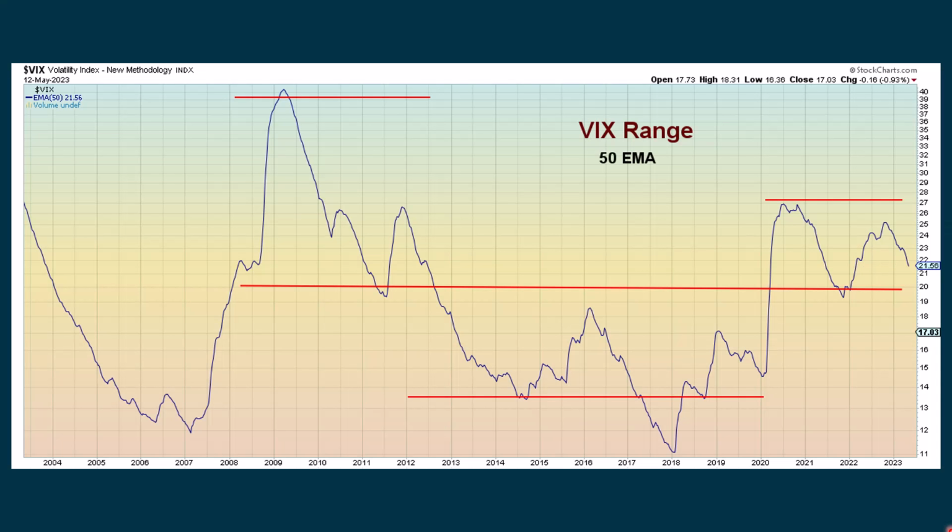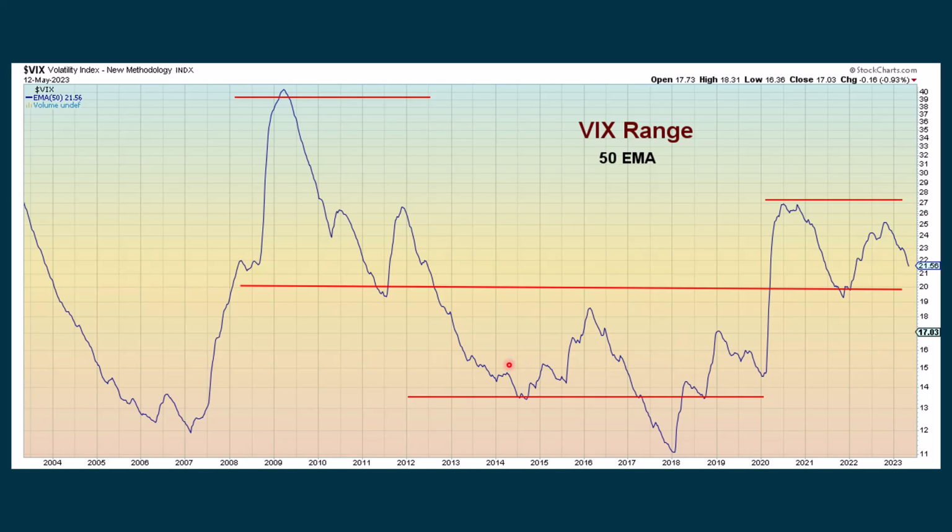The first thing that we look at is the VIX range. This is a 50-period moving average of the VIX. The VIX is actually on this chart, but I've made it invisible. And then you see this blue line, which is a 50-period exponential moving average. This gives us an idea of what kind of range the VIX is trading in longer term. Back from 2008 into 2011, we had an upper range of above 40 down to about 20.